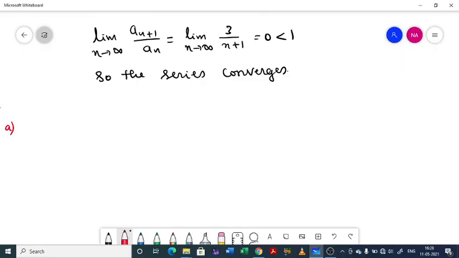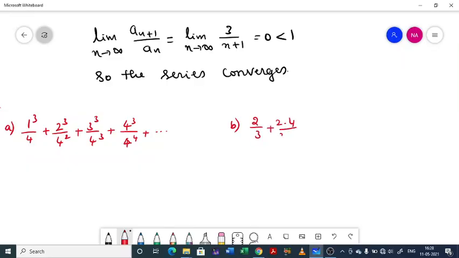Problem A: 1 cube divided by 4 plus 2 cube divided by 4 square plus 3 cube divided by 4 cube plus 4 cube divided by 4 power 4 plus and so on. B: 2 by 3 plus 2 into 4 divided by 3 into 4 plus 2 into 4 into 6 divided by 3 into 4 into 5 plus and so on.